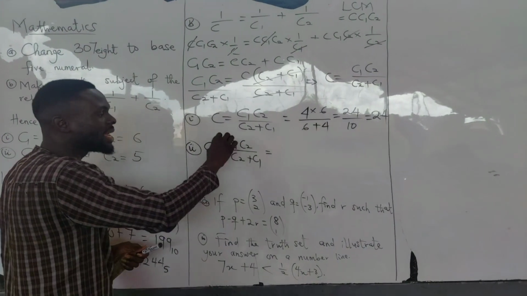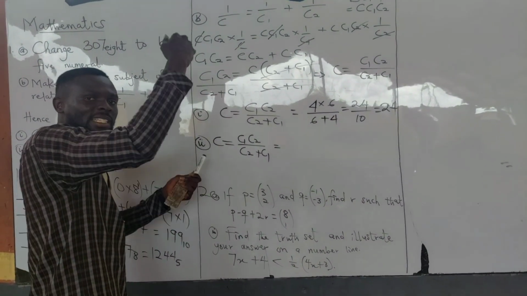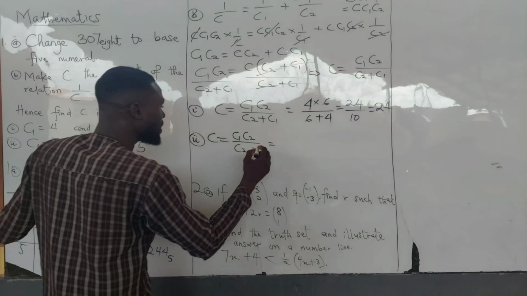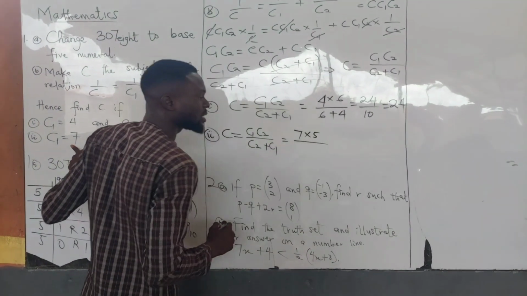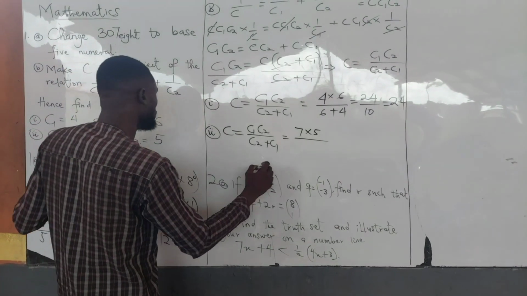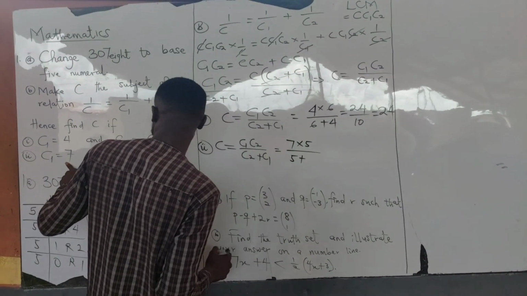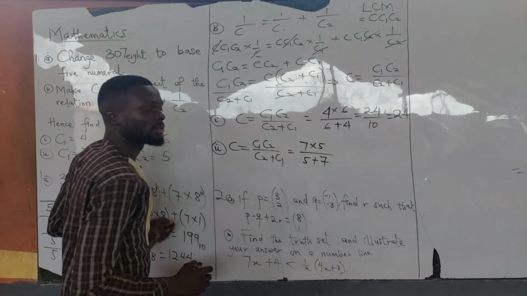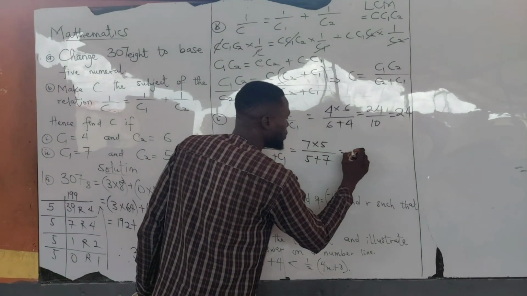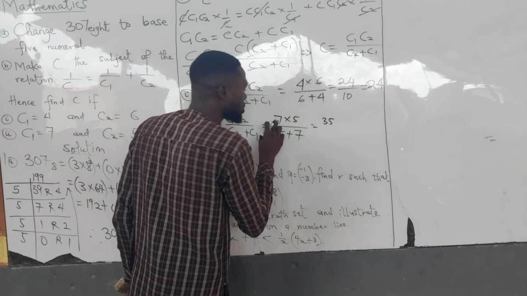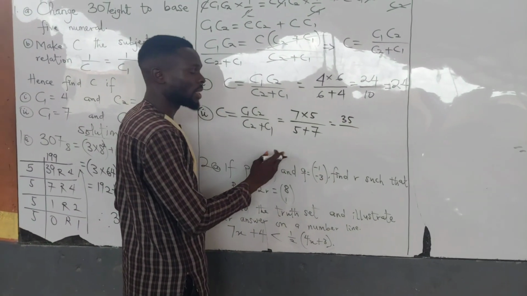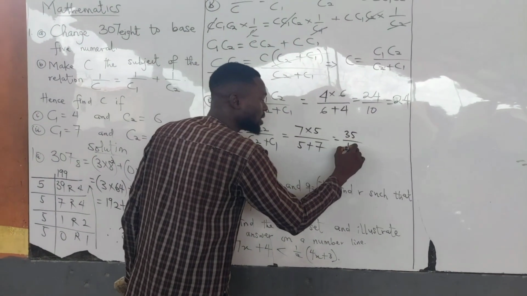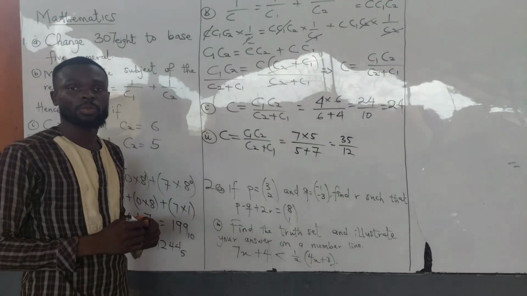So C1 C2 is C1 times C2. So you are having C1, 7 times 5, which is out of C2, which is 5, plus 7. So this is going to give you 35, because 5 times 7 or 7 times 5 is 35, divided by 5 plus 7, which is giving you 12.